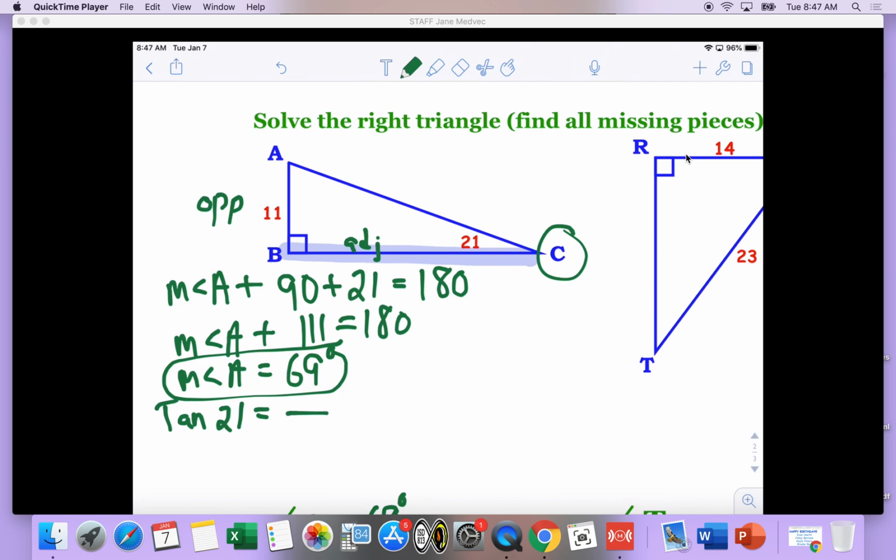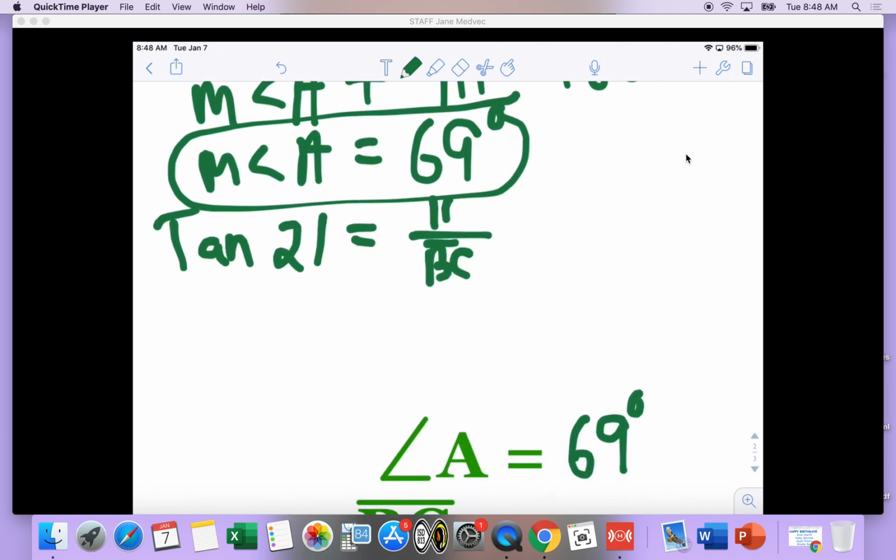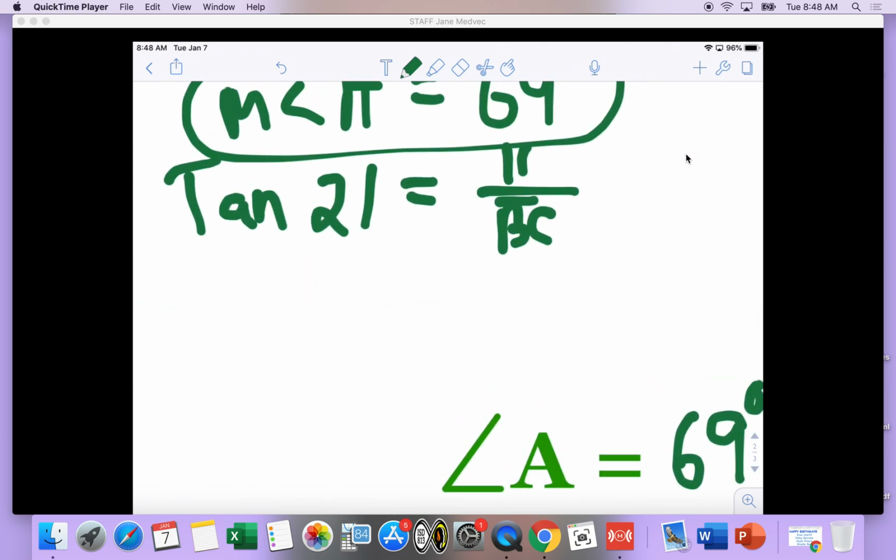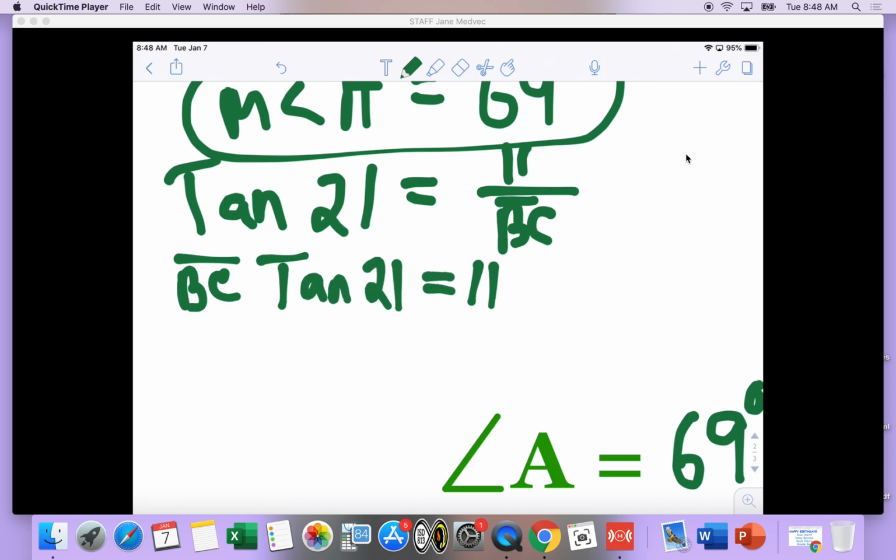In the numerator, I'm going to put 11 over x, or BC. I'm going to choose BC just because. You could put x, but then put the x in your picture. And then how do I solve for this? Multiply both sides by BC, and then divide.